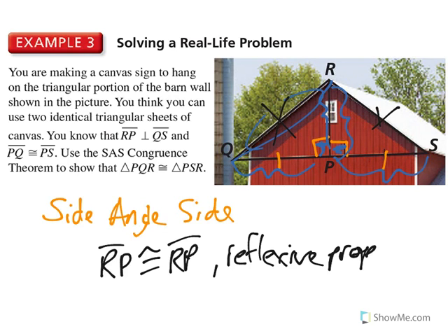The reflexive property gave me a side, an angle, and a side. So if you wanted to write it on here, we have a side, then I have my angle, and then I have my side again. Over here I'd have the same thing: side, angle, side, in that order.